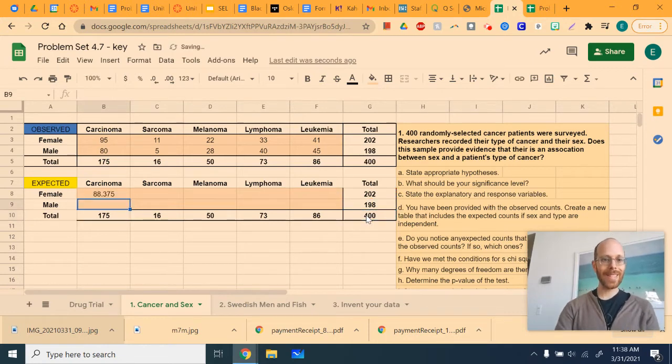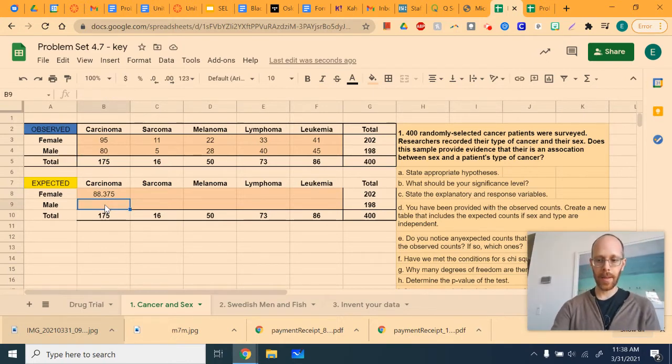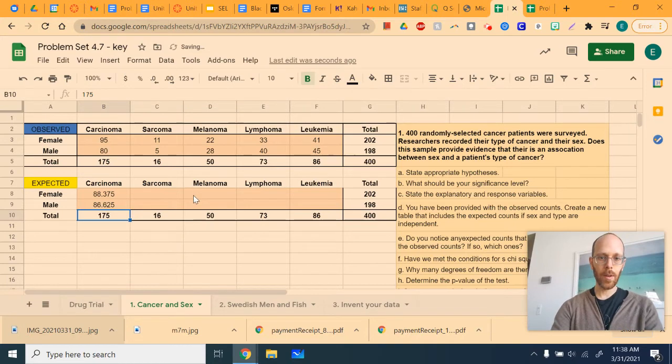So we would expect to get 88.4. We got 95, so we got more than the expected number. Okay, you can keep doing that for all of these. For instance, right here, I could say for males, there are 198 times 175. So row times column divided by 400. And you can keep going across for each one of these spaces.